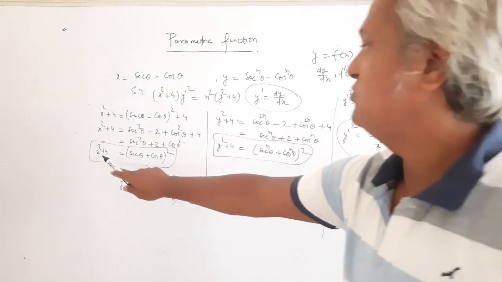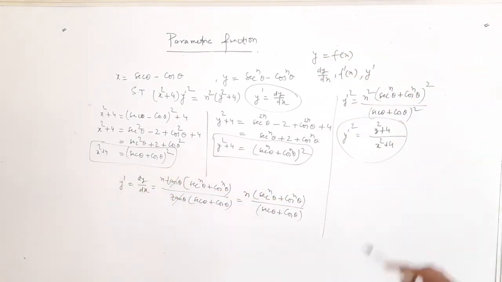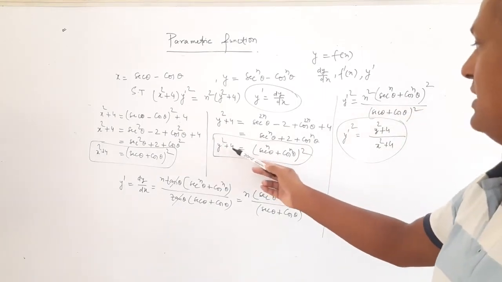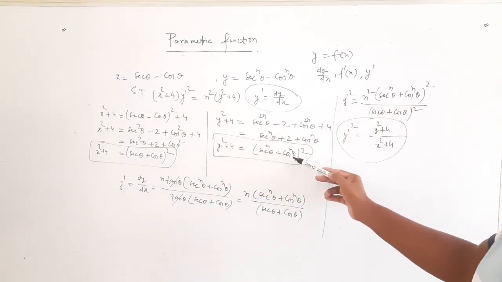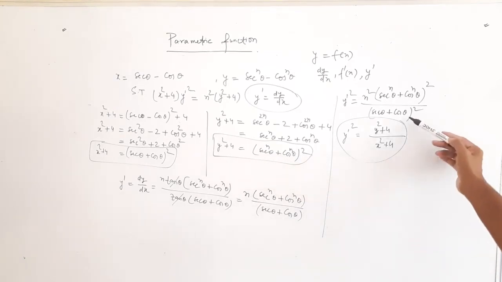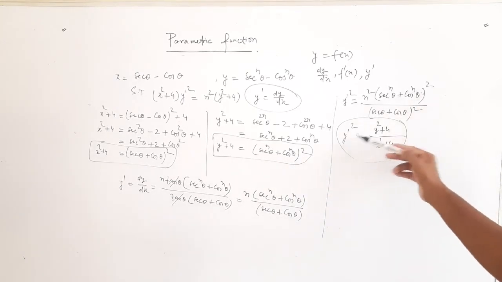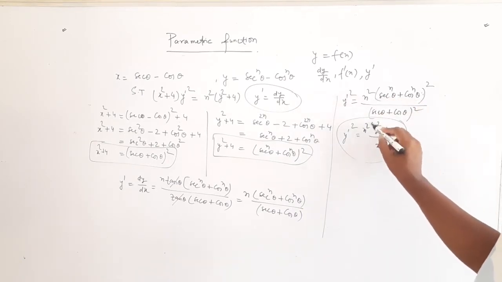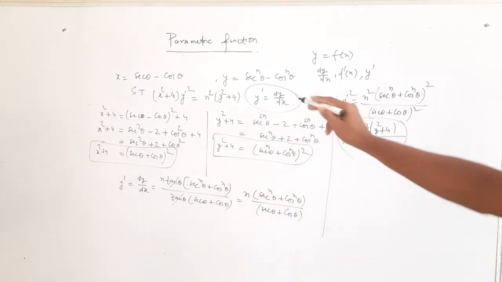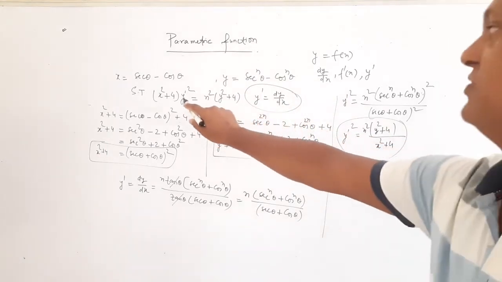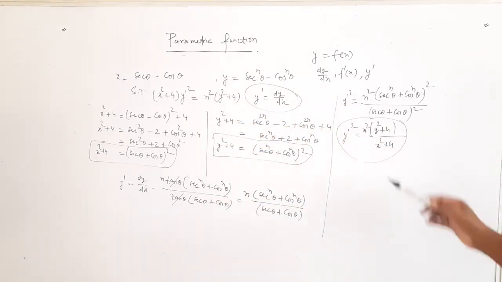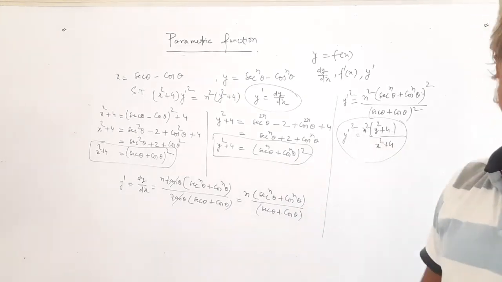Now x square plus 4 is (sec theta plus cos theta) whole square, so this denominator is x square plus 4, and y square plus 4 is (sec to the power n theta plus cos to the power n theta) whole square. Then this is my n square, and this is what you have to show: y dash square, cross multiplying, x square plus 4 is n square times y square plus 4. This is all for this particular question.